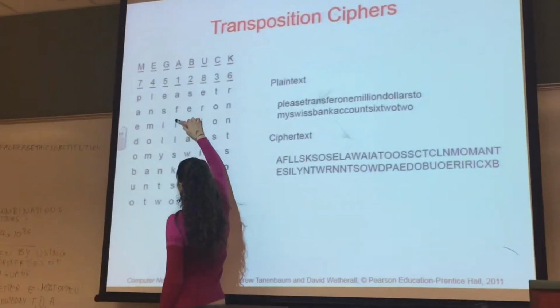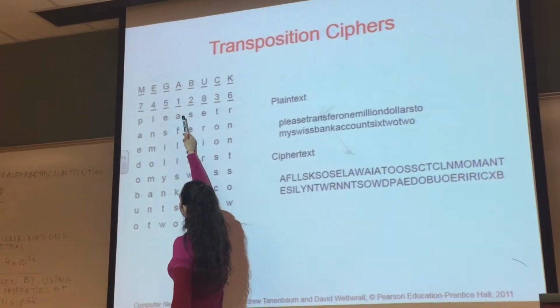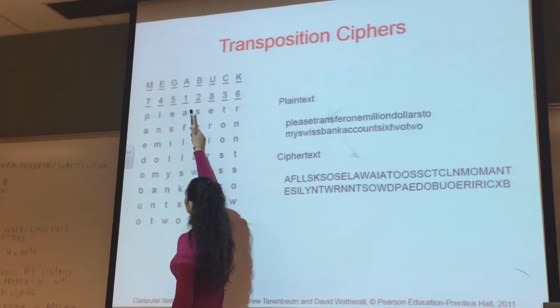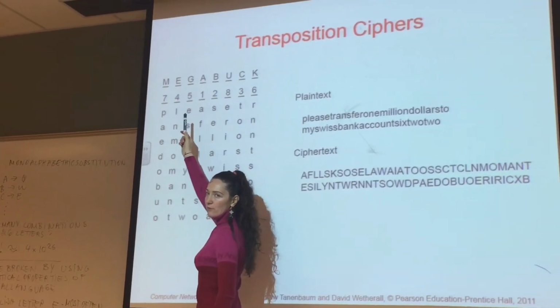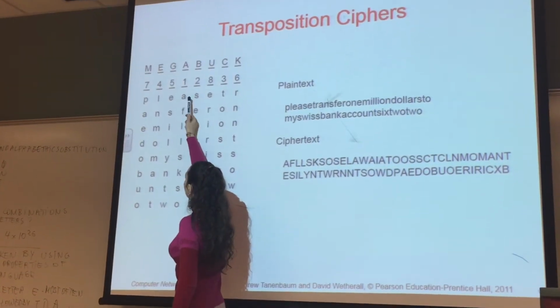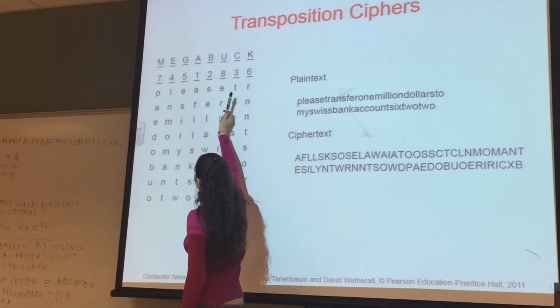Next, to transform this, we take the text which appears in the column number 1, that corresponds to the first letter of the alphabet, or A. So A is number 1, B is number 2, C is number 3. If we have D, it will be number 4.